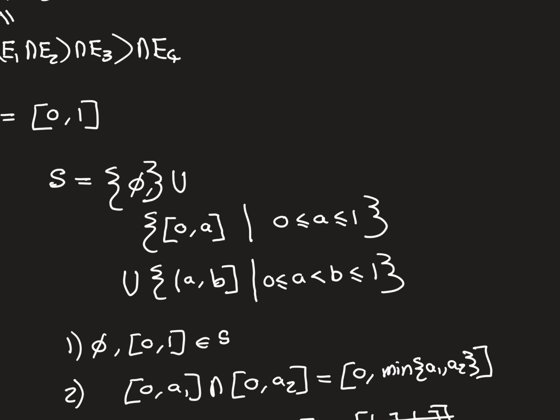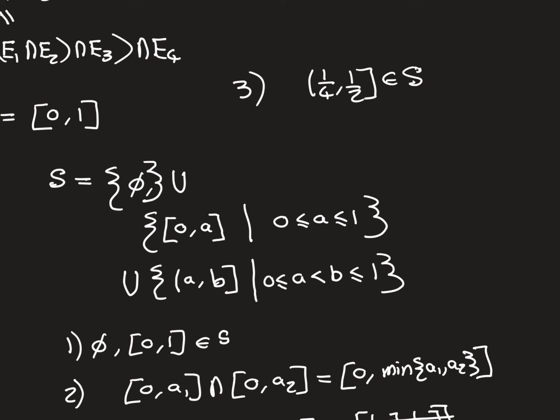Now let's check property 3. Firstly, I'll just show you that it's not an algebra, this collection of subintervals. So if I, for example, took a quarter to a half, that's going to be in there. I've set A equal to a quarter and B equal to a half. And what, of course, is going to be its complement?